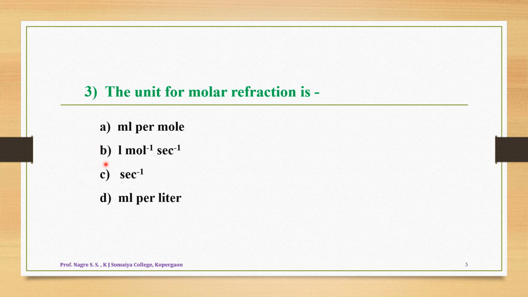So we have to neglect these two options. So remaining two options, that is A and D. So the correct answer is either A or D. So the correct answer for this question number 3 is nothing but the option A, that is the unit for molar refraction is ml per mole. This is the correct answer for this question number 3.